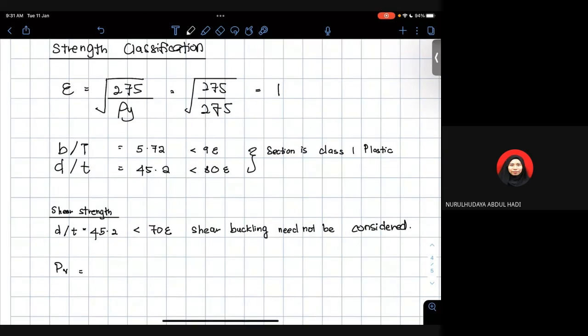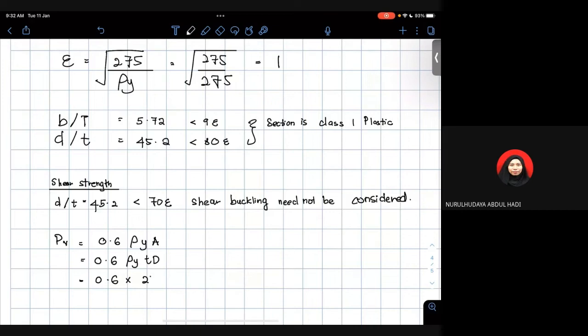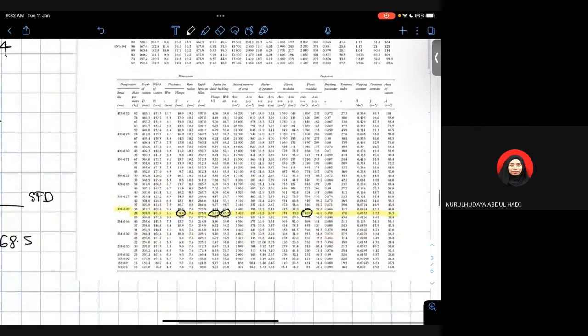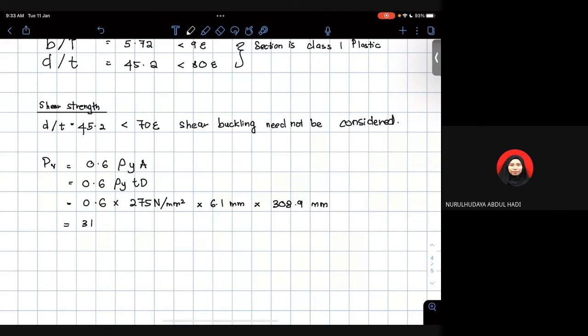Kita kira PV equal to 0.6 PY Av, which is kalau kita pakai rolled I section, Av equal to tD. Masukkan je value PY 275, and the value of t and D we have to refer in the properties of UB again. Small t and capital D: 6.1 and 308.9. 310,907.85.